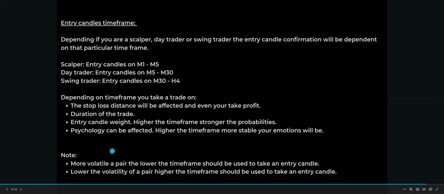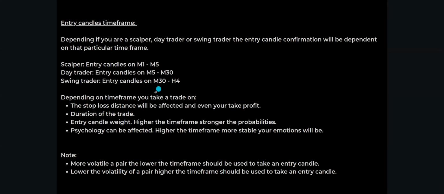So something very important, everyone keeps asking me, which time frame exactly would be the ones that I'll be using on which pairs. So something very important to keep in mind, more volatile a pair, the higher the volatility of a pair, the lower the time frame you're going to be using to take an entry. Very simple. Higher the volatility, lower the time frame. So lower the volatility, higher the time frame, right?